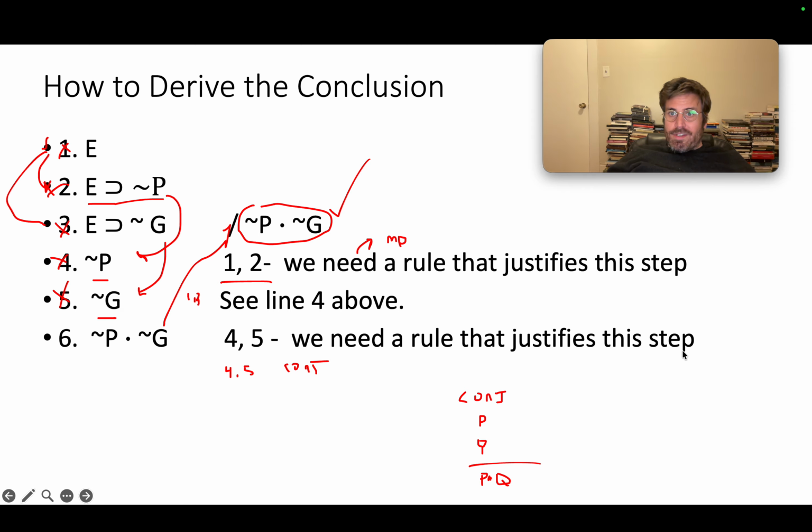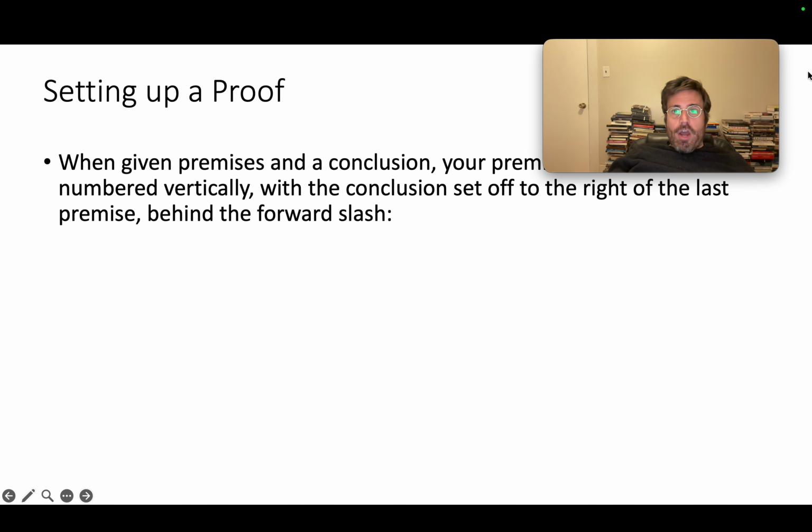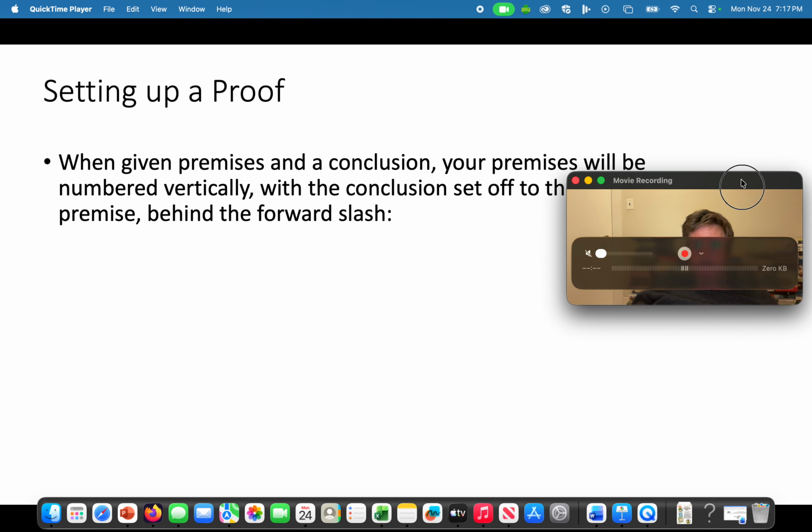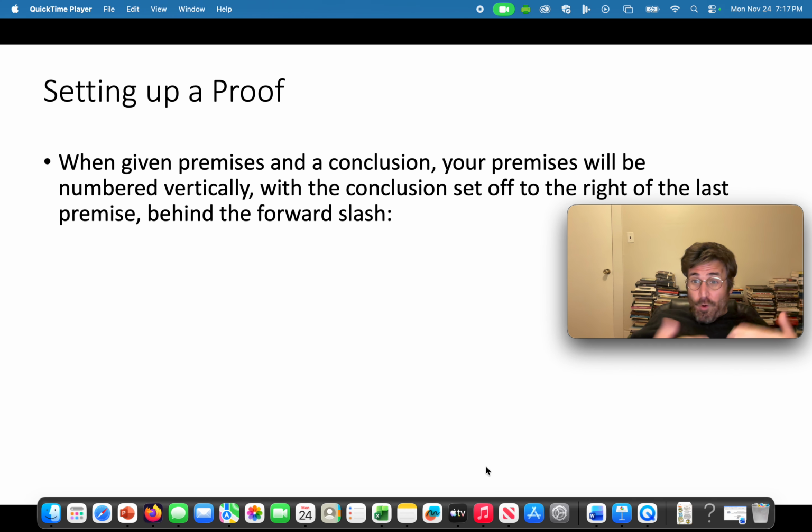All right, so this is kind of the derivation procedure for natural deduction. We are pulling out new lines by using our rules of implication, and then we are indicating what those rules were that justified the new steps to the argument. So setting up the proof is basically a kind of formal process that has sort of a formatting procedure.